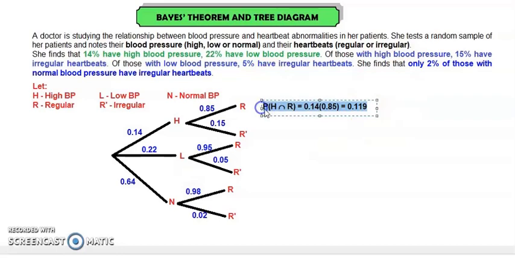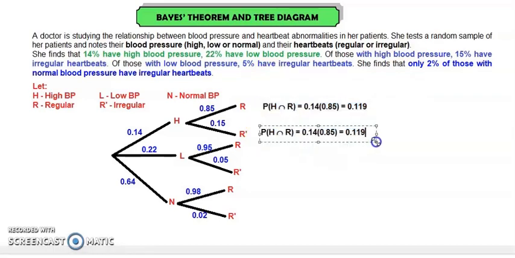Next, the probability of H intersect R prime is 0.14 multiplied by 0.15, which is 0.021.